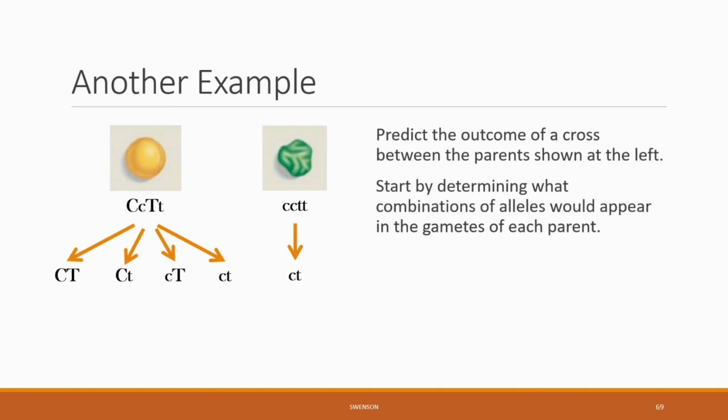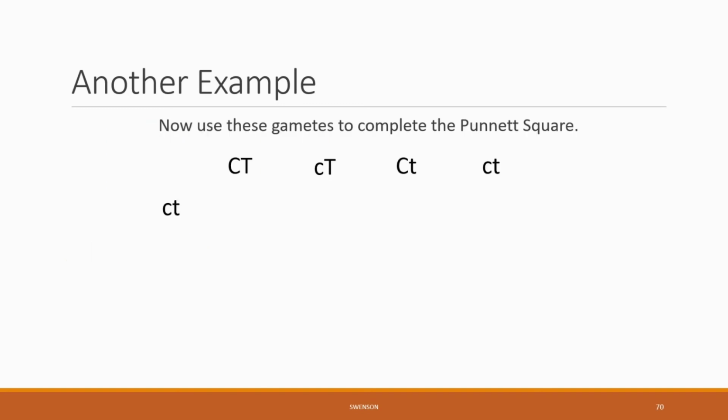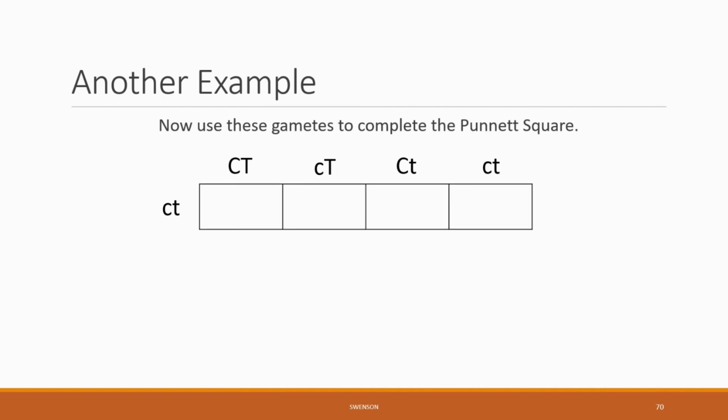It's the only option through meiosis. Next, write out one set of gametes along the top for columns and the other down the side for the rows. And again, because this is homozygous, we don't need to write several rows for different CT combinations. It's not going to affect our ratios. So we get one row.